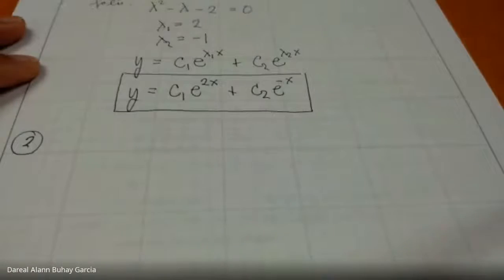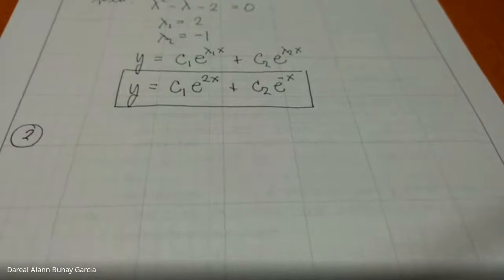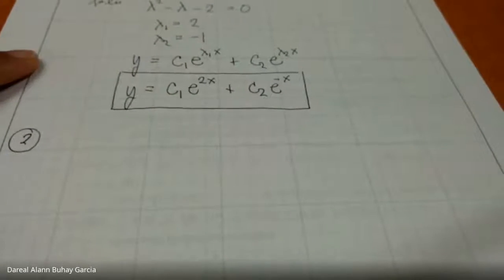Another one now. Given y double prime plus 4y prime plus 5y equal to 0.